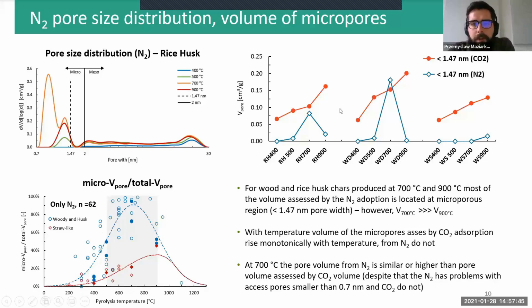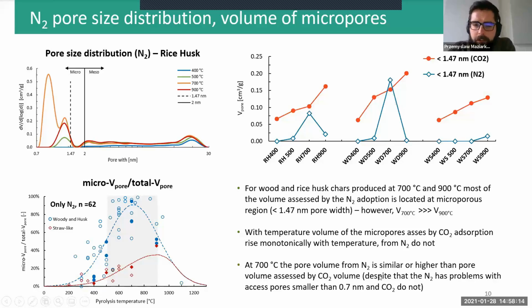When we compared the results for the same range of pore width between carbon dioxide and nitrogen, we observed that for 400 and 500 degrees, the volume assessed in this specific range by the nitrogen was much, much lower than by carbon dioxide. But then for the rice husk and wheat straw, the volume was similar or even higher for the nitrogen than for the carbon dioxide.